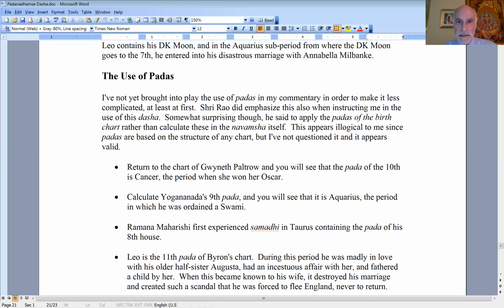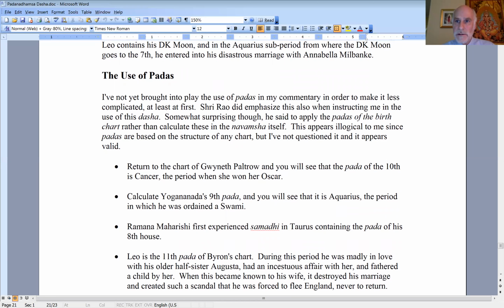You could run the pada of the 10th house, P10, and this could indicate a significant period career-wise, particularly if additionally Jaimini Raja Yogas are there. So this is all how we're using padas. Well, now in this case, we're also using those padas, but we're timing them using the signs in Padanadhamsha Dasha and interpreting them again on the structure based on the Navamsha, not on the birth chart itself.